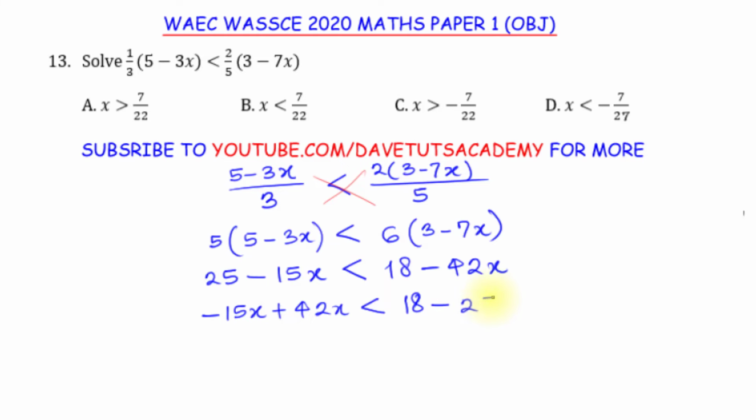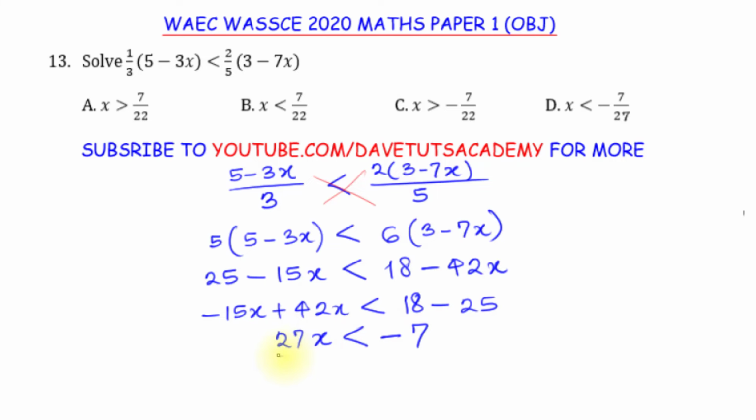minus 25. You can see the inequality sign is not changing because we are not dividing by a negative number. The only point in which this inequality sign will change is if we are dividing or multiplying both sides by a negative number, but so far we don't need to carry out that. So we have minus 15x plus 42x, that will be 27x, okay, is less than 18 minus 25, that will be minus 7.